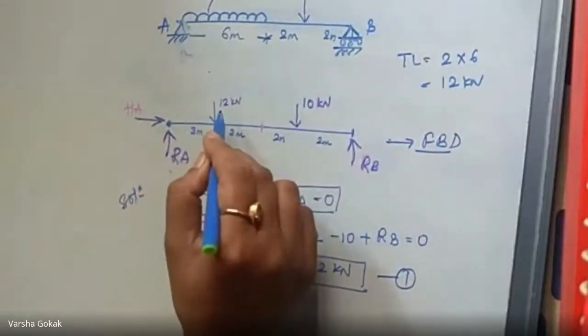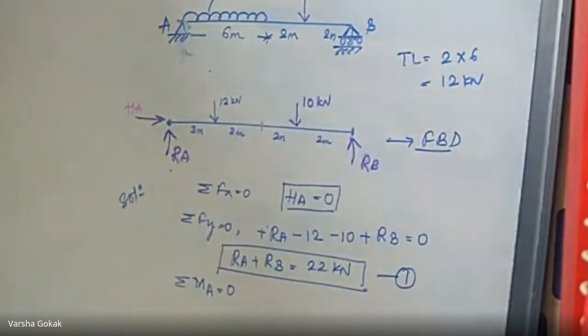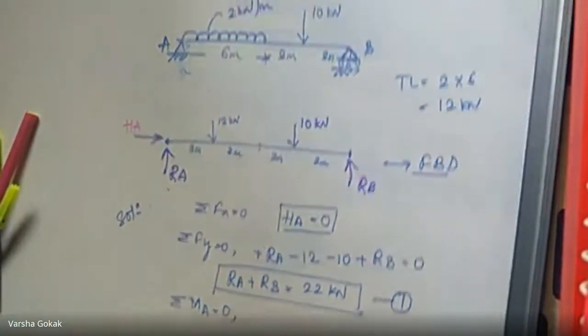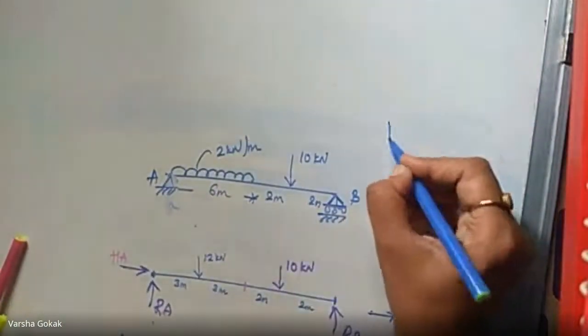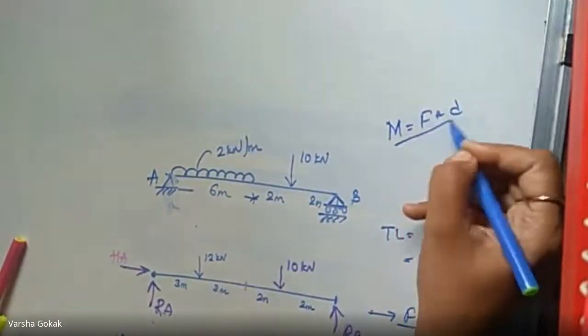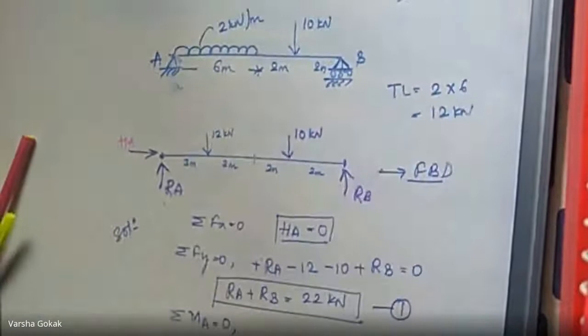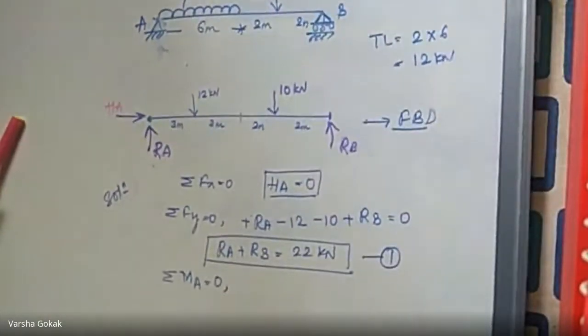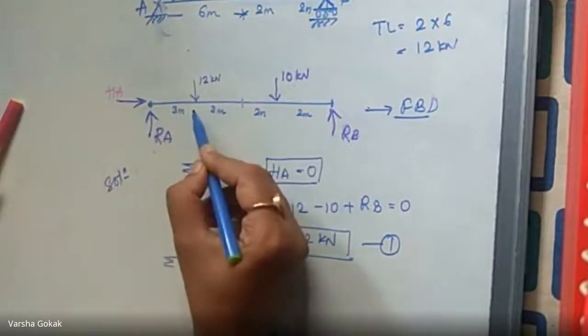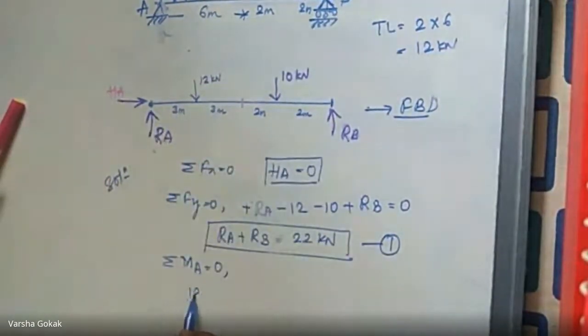What about 12? 3 into 12. I will write the formula. Moment is given by F into D, force into perpendicular distance. So always mention the force first and then the distance. So when I'm writing moment at A, 12 is the force, distance is 3. All right. 12 into 3.